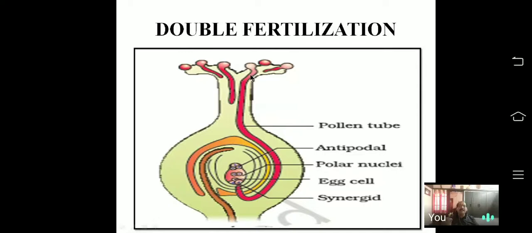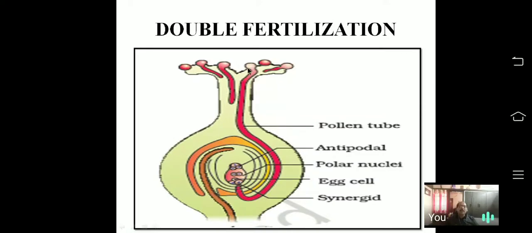This is also a pollen grain. It develops a pollen tube. Do you know which cell of the pollen grain develops the pollen tube? Vegetative cell. The vegetative cell is responsible for the growth of this pollen tube.